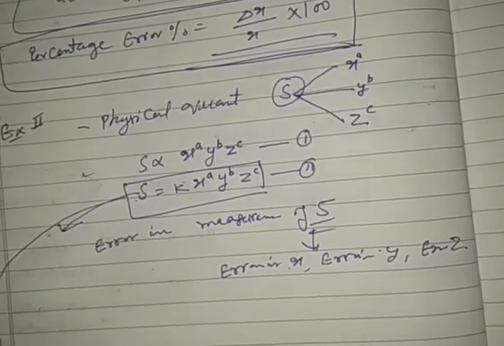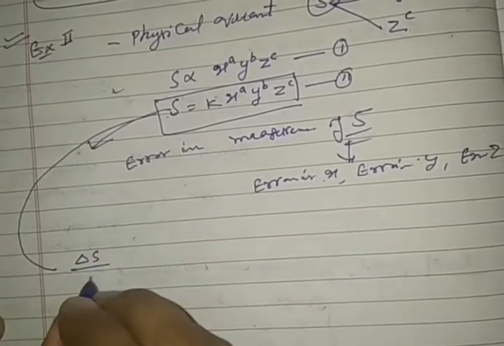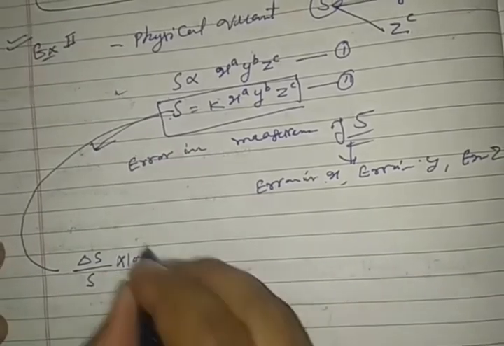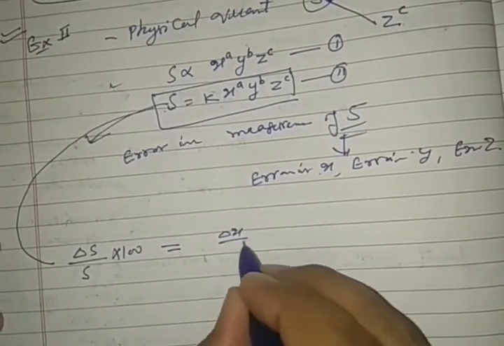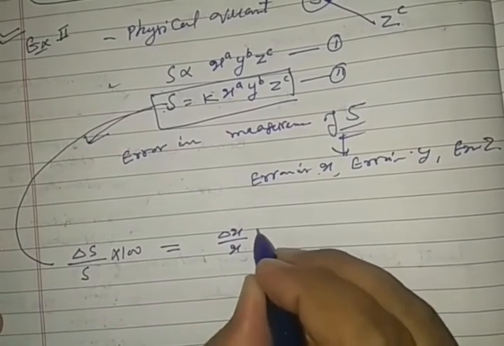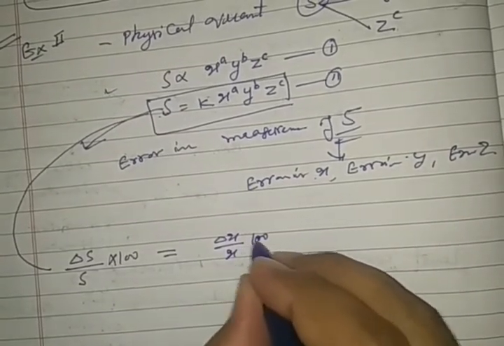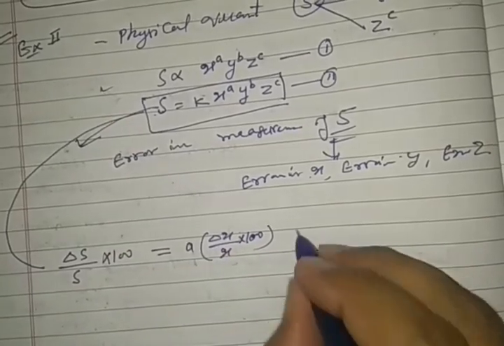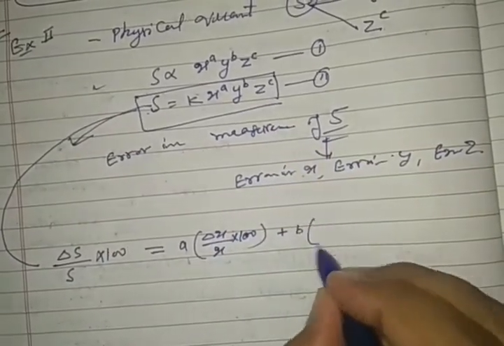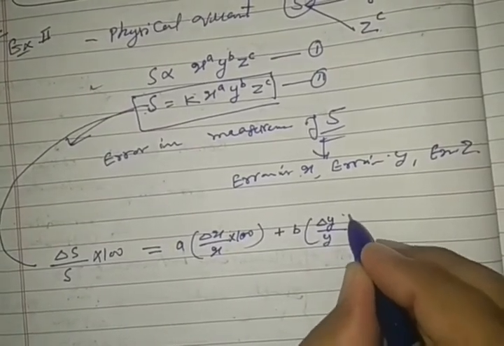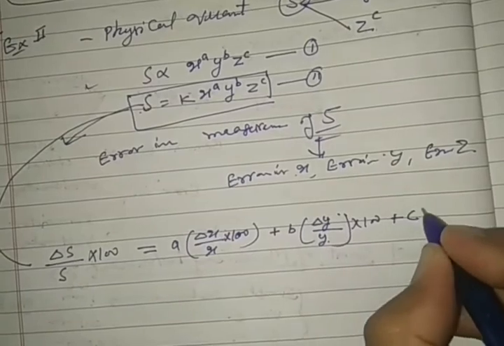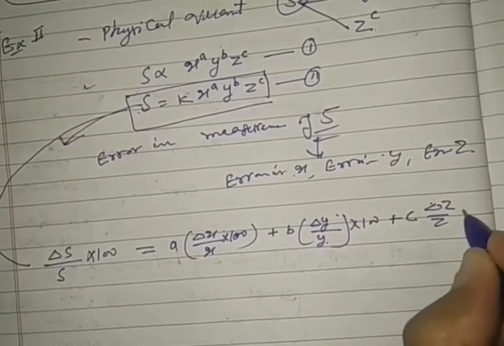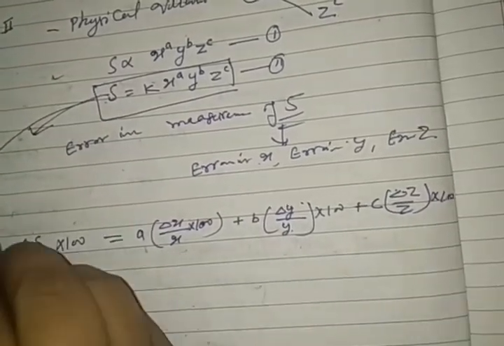Mathematically it can be written: delta S by S into 100 equals a times delta x by x into 100, plus b times delta y by y into 100, plus c times delta z by z into 100.